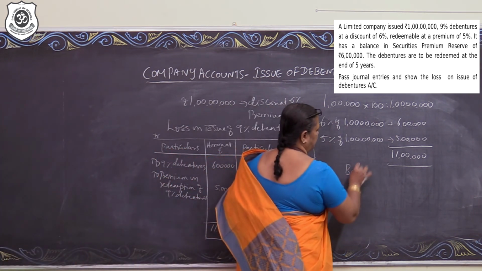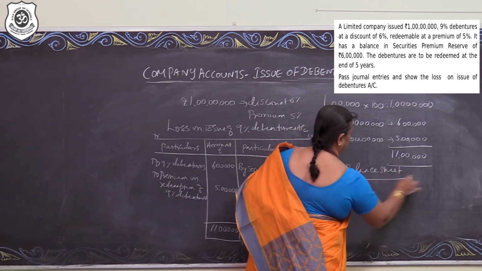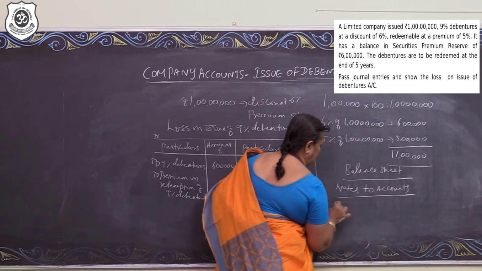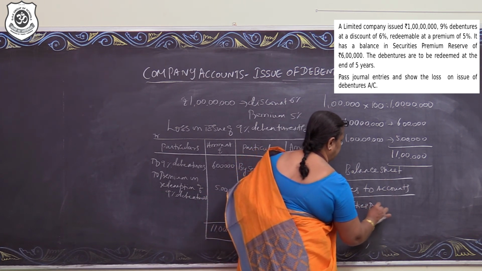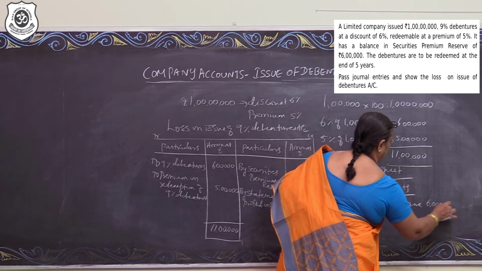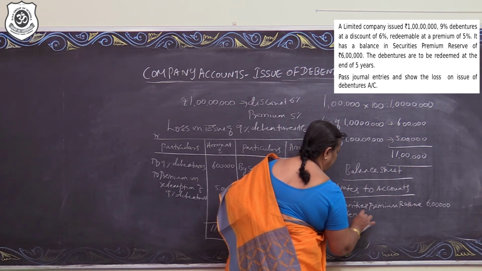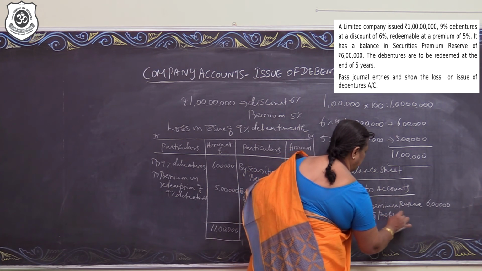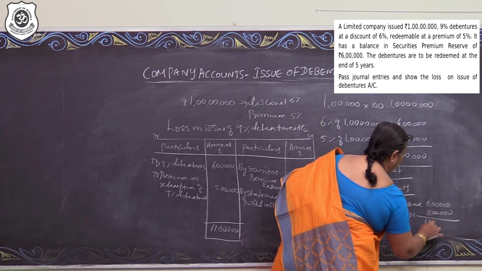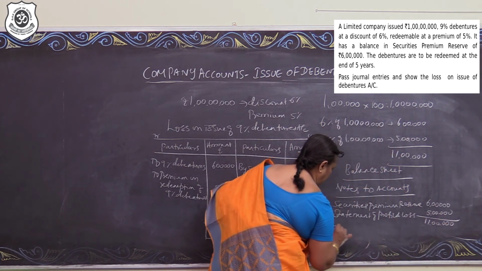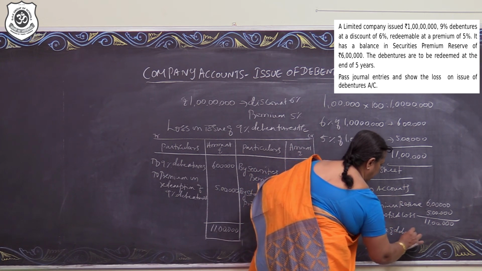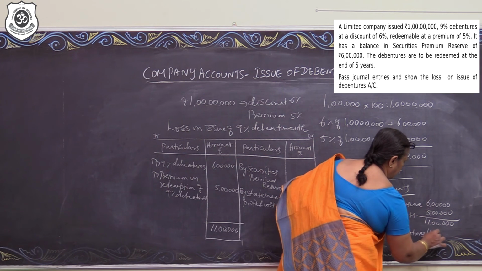Now, in the balance sheet, in notes to accounts, securities premium reserve account, ₹6 lakhs, statement of profit and loss, ₹5 lakhs, totally 11 lakhs, less loss on issue of debentures, 11 lakhs.